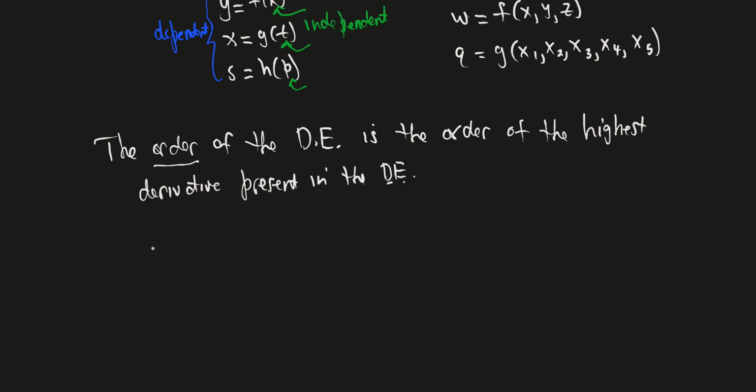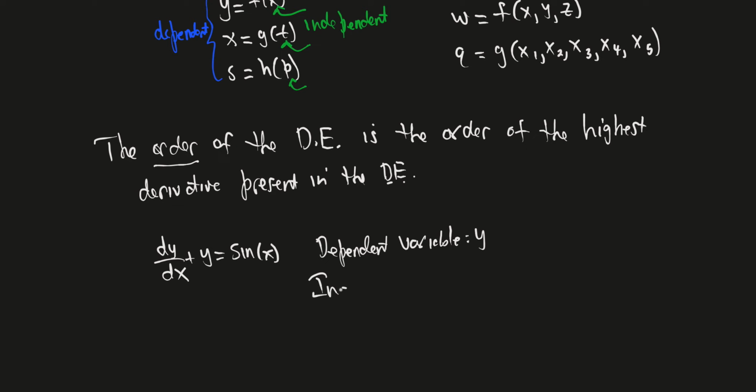So here are a couple examples. Something like dy dx plus y is equal to the sine of x, right? So in this case, we would say that our dependent variable is y.